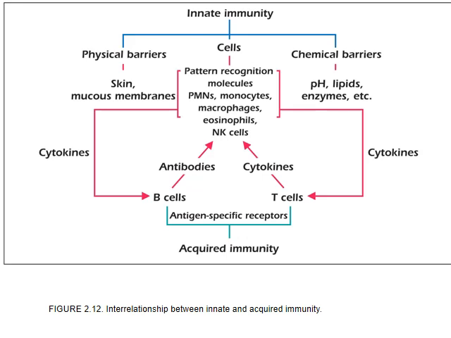Again, this slide gives you an idea that we teach you innate immunity separately and we teach you acquired immunity. There are differences. In innate immunity, there are physical barriers and chemical barriers. Acquired doesn't have that. Both of them have cells. Acquired is antigen specific as compared to innate, which is non-specific.